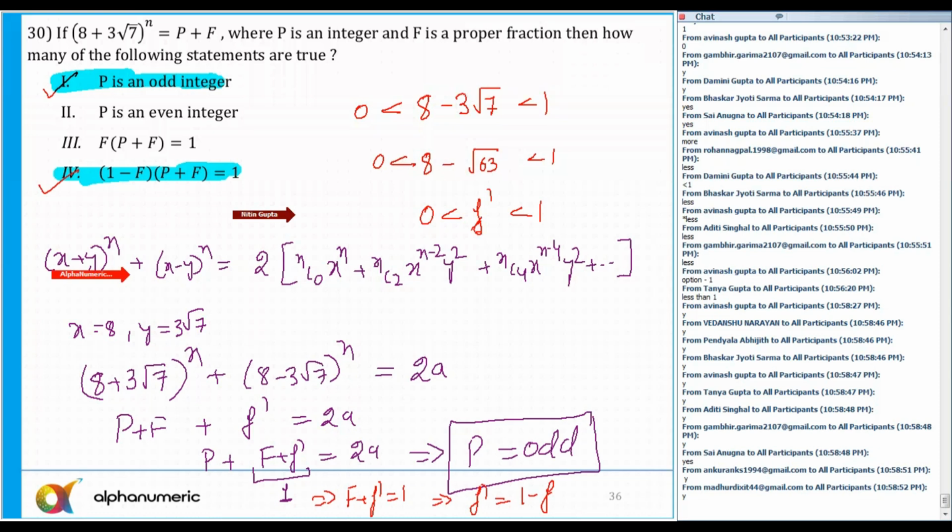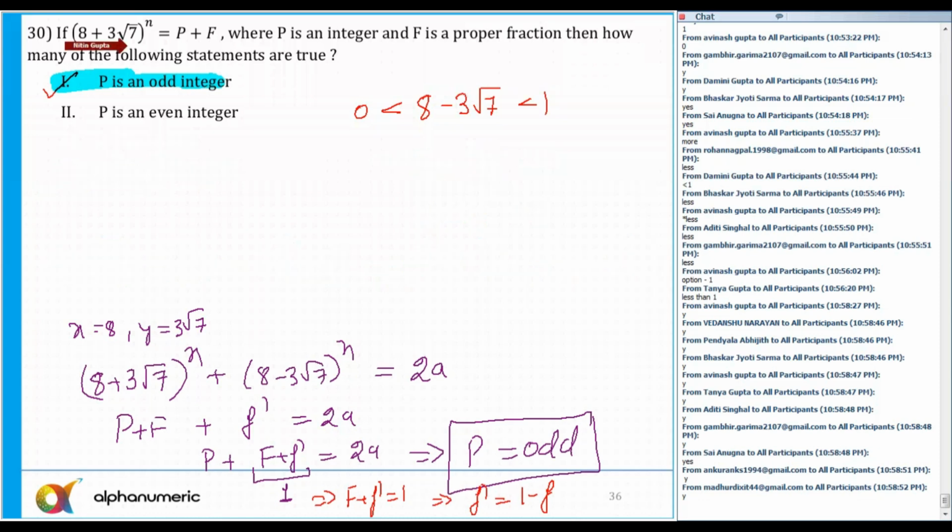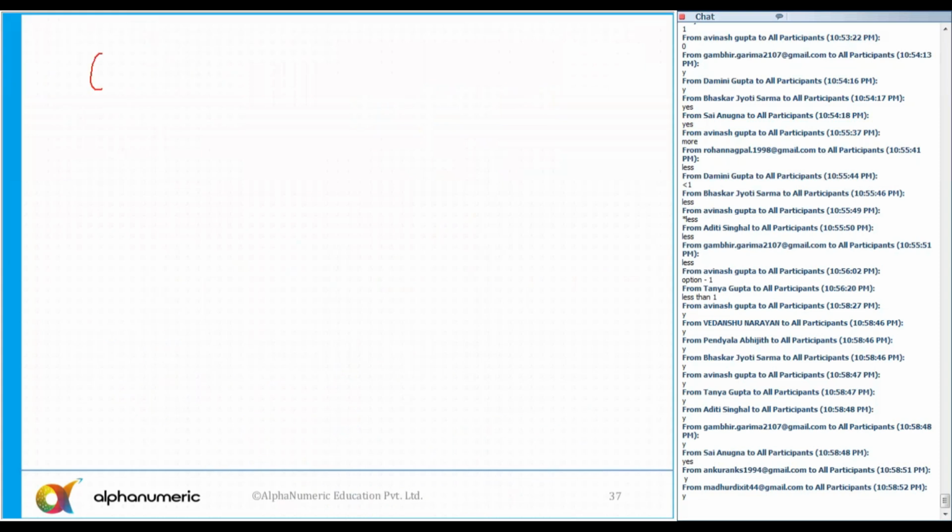The last option is 1 minus f into p plus f. 1 minus f is equal to 8 minus 3 root 7 raised to power n, and p plus f is equal to 8 plus 3 root 7 raised to power n.